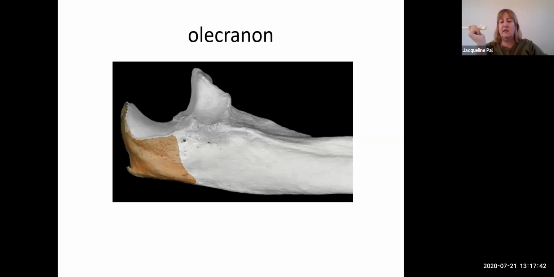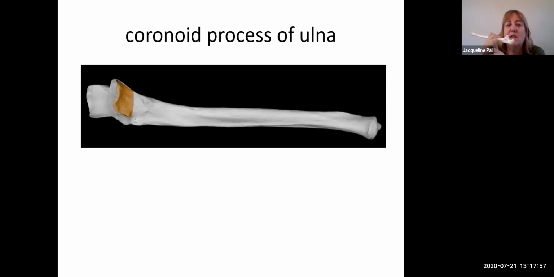It fits perfectly into the olecranon fossa of the humerus. Okay. So we have an olecranon, and we have a trochlear notch, and then we have this structure right there, which is called the coronoid process of the ulna. So 3 structures here at the proximal end of the ulna.